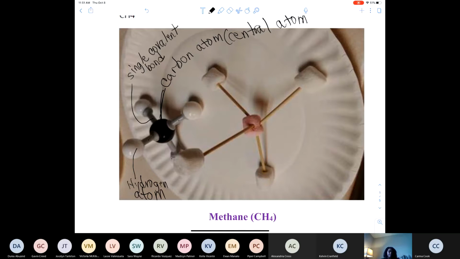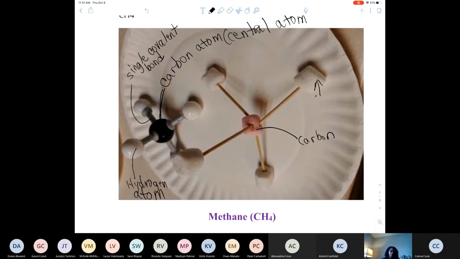The marshmallow model is telling us the same thing. The pink marshmallow is our carbon, each of the white marshmallows represents hydrogen, and the toothpick represents your single covalent bond. Any questions about methane?